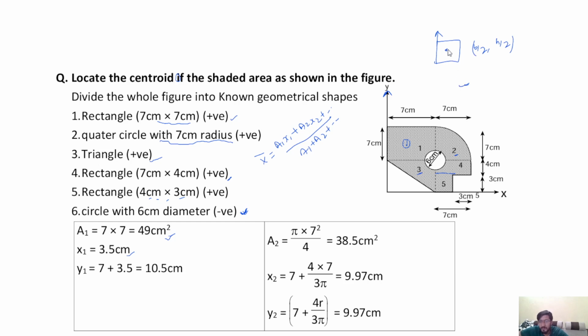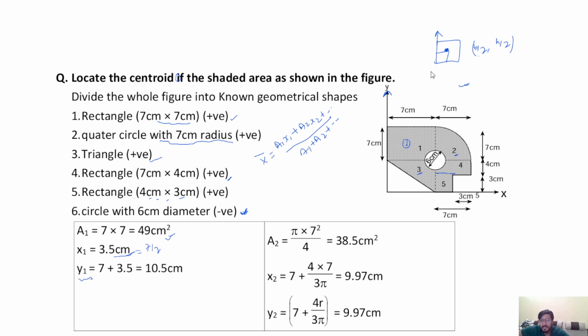The formula of this rectangle we have discussed earlier. That's why this is the centroid of the rectangle. That means x1 is equal to 7 by 2, that is equal to 3.5, and y1 is the centroidal distance of this rectangle from the reference x-axis.